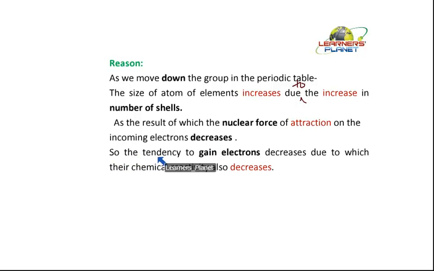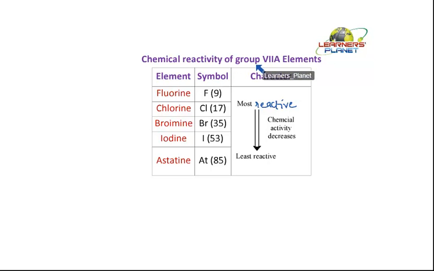So the tendency to gain electrons decreases, due to which their chemical reactivity also decreases. This is the chemical reactivity of group 7A elements. So fluorine is most reactive, astatine least reactive.